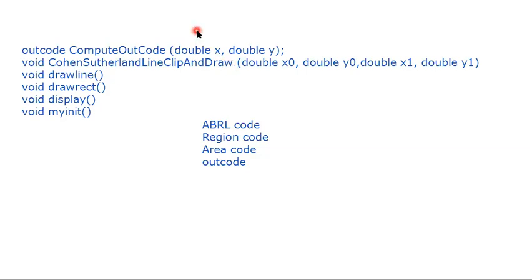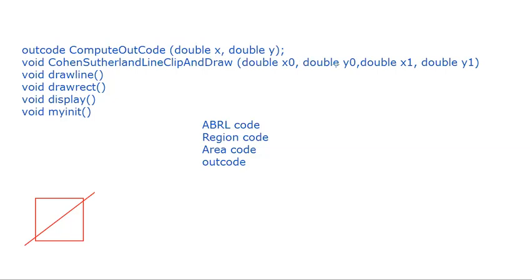I'll just draw it once again for your reference, for better understanding. This is a rectangle, and in this rectangle I am passing a line. You should clip this part and this part. That can be done in the line clip and draw.